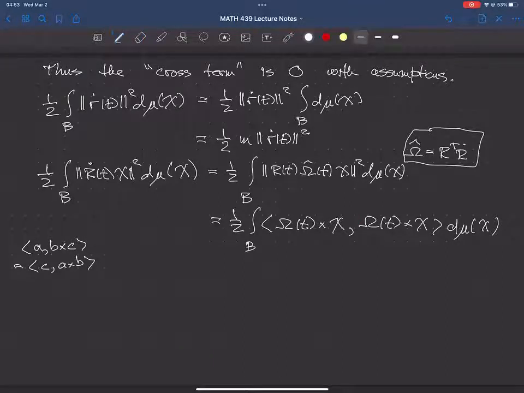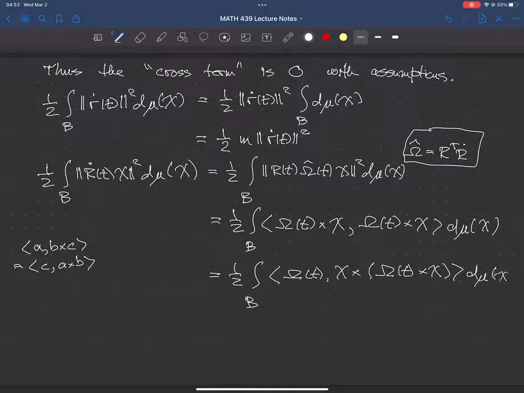Okay, so this is 1/2 integral over the body, inner product of omega of t with chi cross omega of t cross chi d mu chi. Okay, so now we can move the integral inside the inner product.